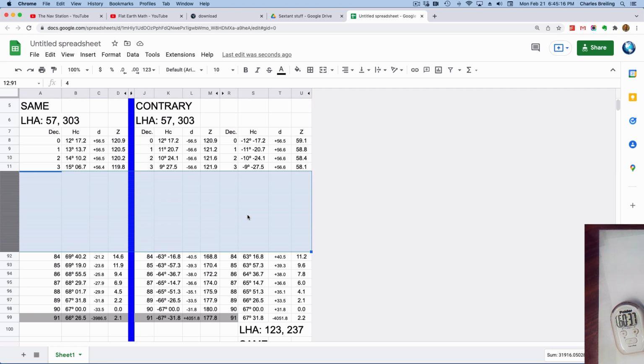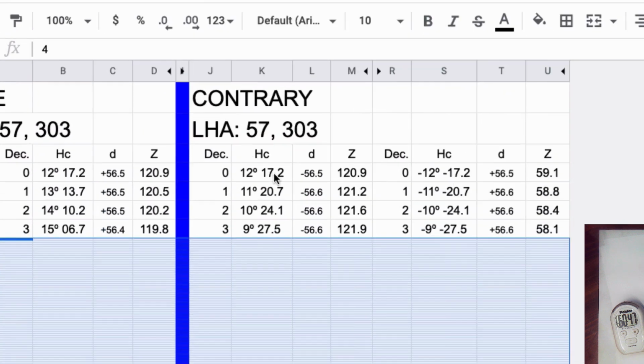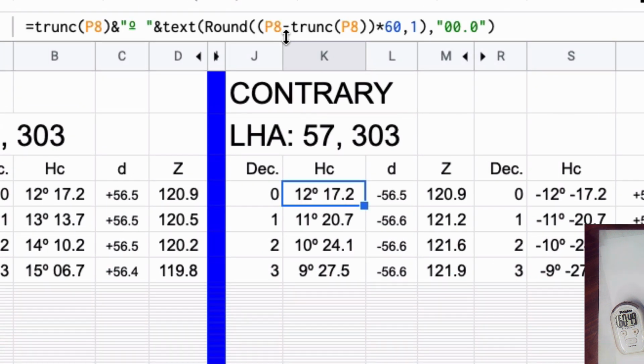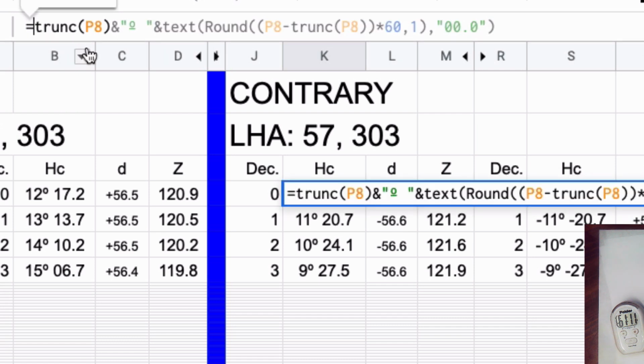So how are we going to do that? Well, what we're going to need to do is add a conditional, and remember that this was all based on P8, the value in P8. P8 is now hidden, but basically P8 was the decimal version of this. And we need to ask ourselves, if the decimal version is negative, don't show this value at all. So what we're going to do is literally go in front of this entire thing and make an if statement.